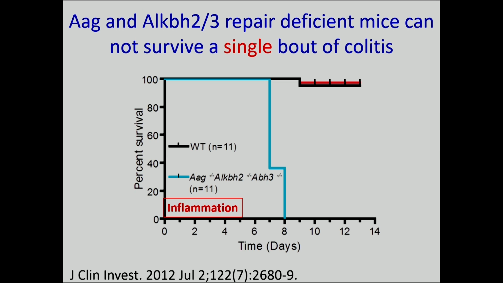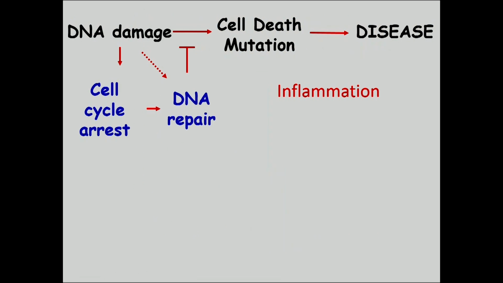Unless they have all 3 pathways, they get fewer tumors. So the take-home message is that the constellation of how much DNA repair you can carry out of these etheno lesions grossly changes how a tissue will respond in the situation of having an inflammatory response.